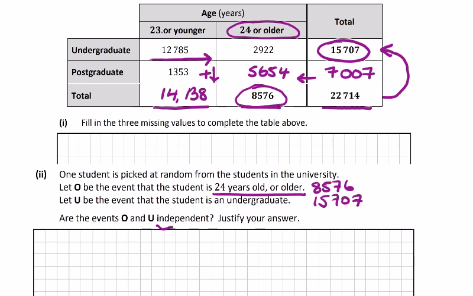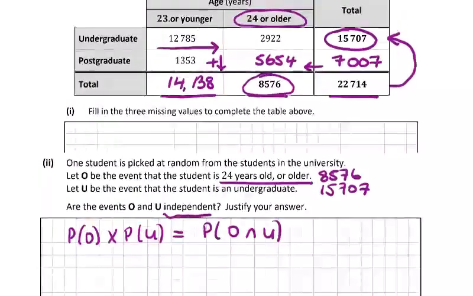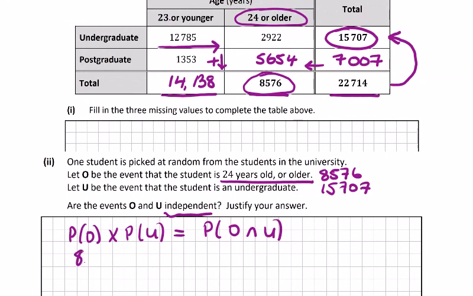And we're asked, are they independent? So you know the probability of O times the probability of U would have to be equal to the probability of O intersection U, from your knowledge. So the probability of O happening, well, there's 8576 of them out of the total of 22,714.